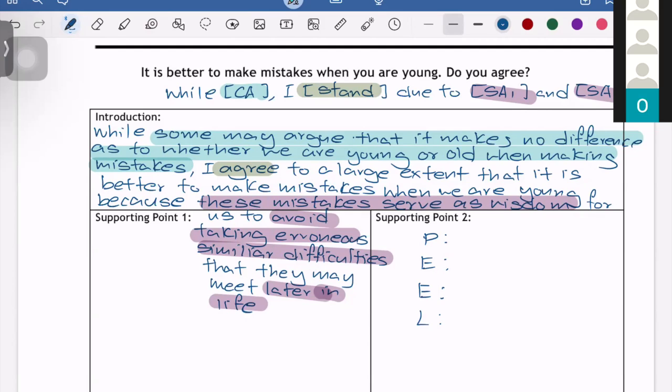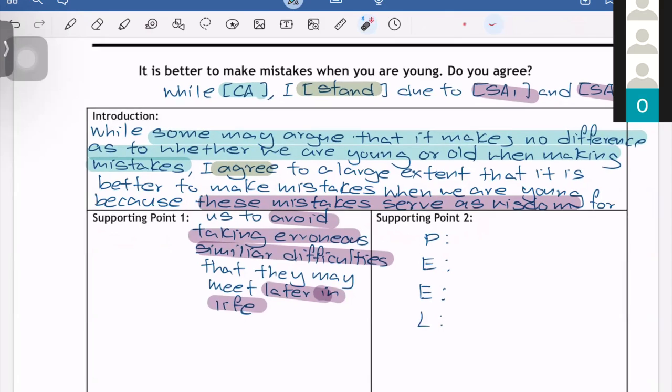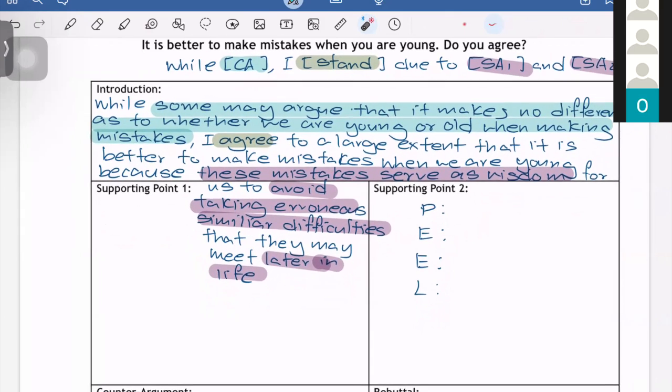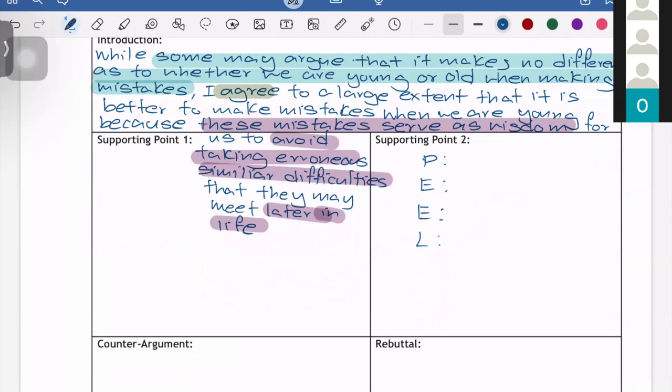This is your first body paragraph. Second body paragraph. Counter argument is your third body paragraph. So dedicate one whole paragraph to your reason for counter argument. It takes up one whole paragraph. And similarly, focus on your points, elaboration, evidence, and then your link back as well.